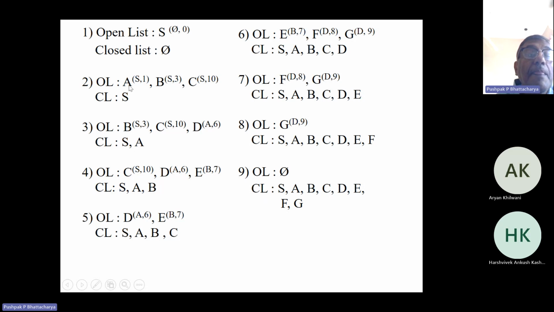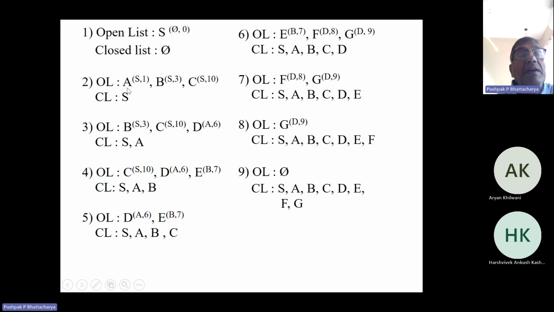What it means is that the parent of A is S, parent of B is S, parent of C is S. The other component in this tuple is the cost of the path, the least cost path found so far from S to A. Okay, let us remember this point always, that the immediate parent is recorded, and the least cost path from A back to S, the start node, is also recorded and maintained here in the upper suffix indices.